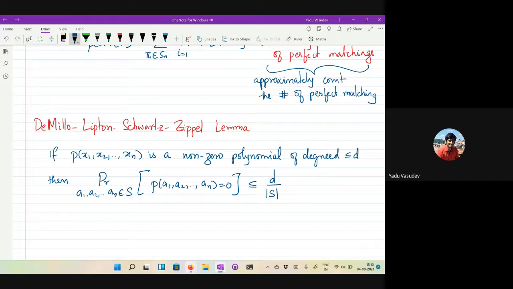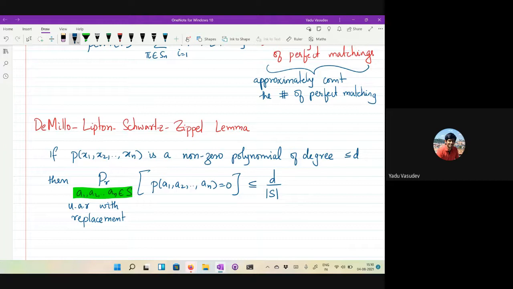So this is the statement. Take a non-zero polynomial of degree less than or equal to d. Then if you choose these points uniformly at random with replacement, which means that you pick a1, and then whatever the value, you sample again from the whole set S. It's not that if you choose an element, you sample from the remaining elements; you sample from the whole set once again.